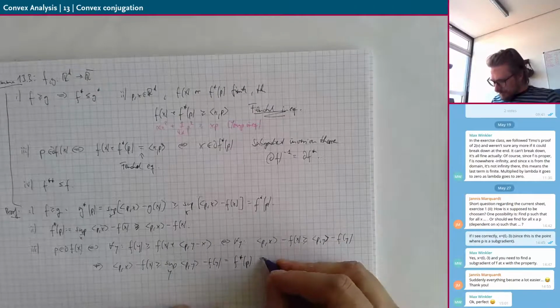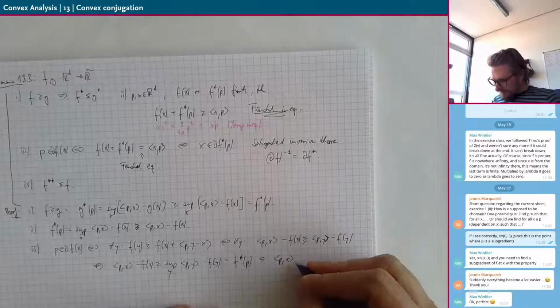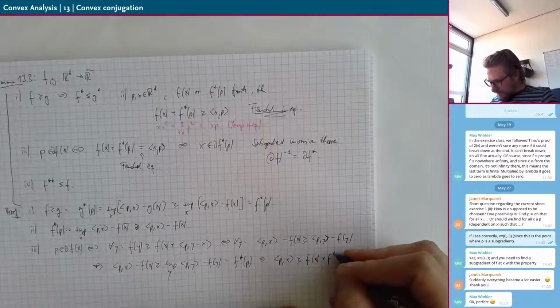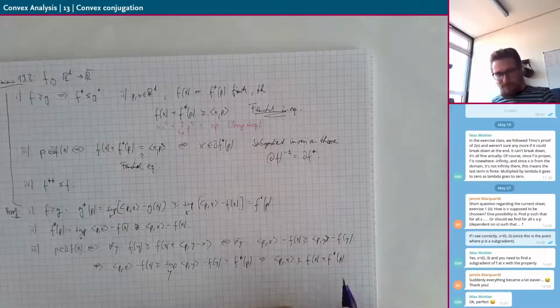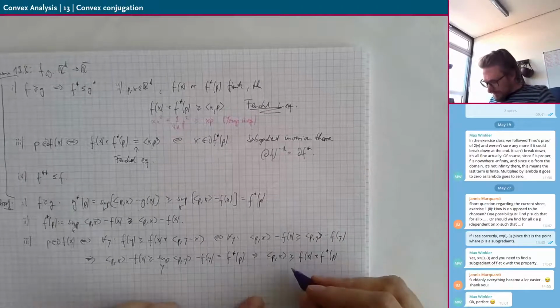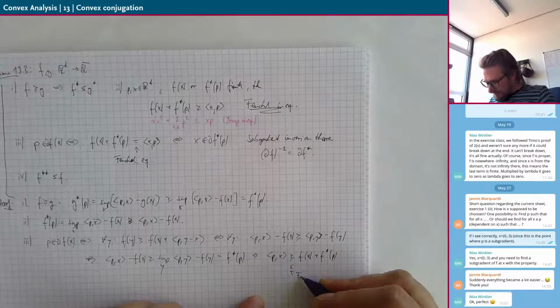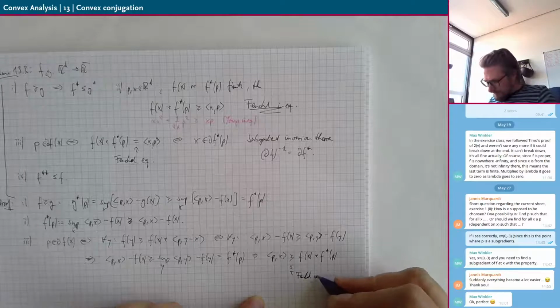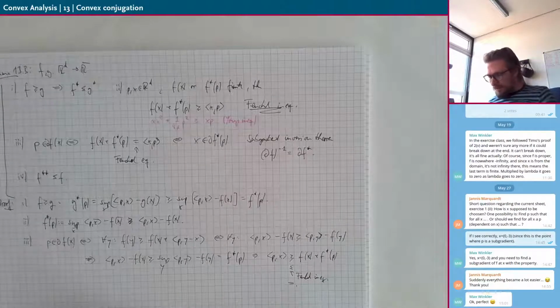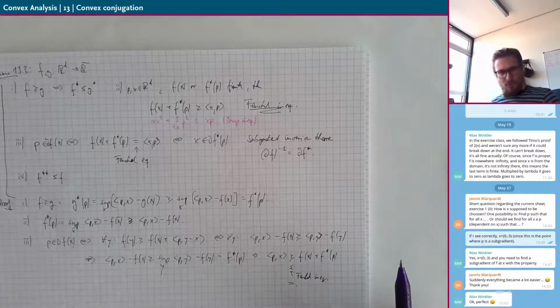And this shows you that p times x is larger or equal to f of x plus f star of p. We just bring f of x to the other side, but this is Fenchel's inequality, so we have equality, and actually the argument works both ways.